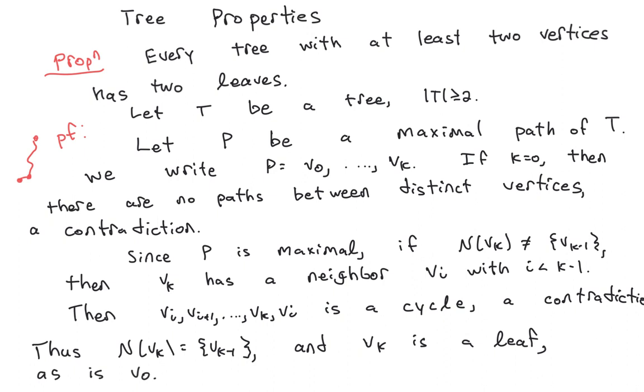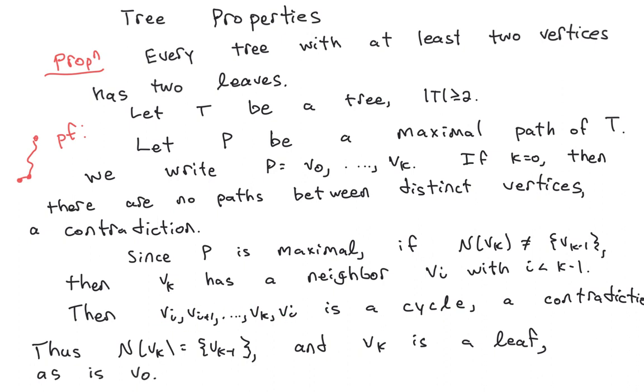All right, so one of the things we have studied before is that if P is a maximal path, then any neighbor of the endpoint vertices has to lie on the path. So suppose that the neighborhood of the last vertex consisted of more than just the second to last vertex. Then it has to have a neighbor that's far earlier in the path, and as discussed previously, that means you can form a cycle.